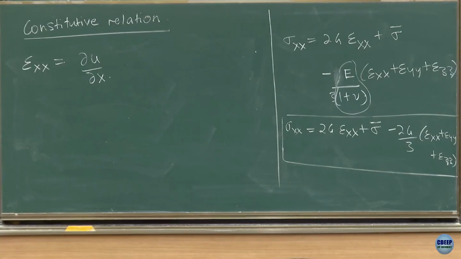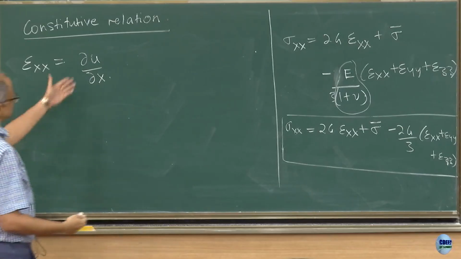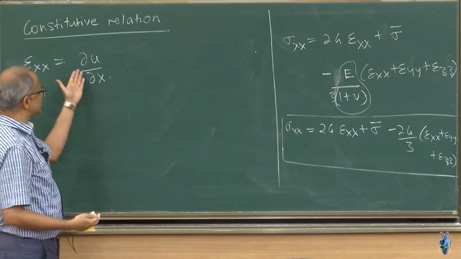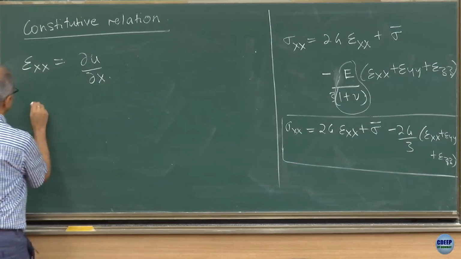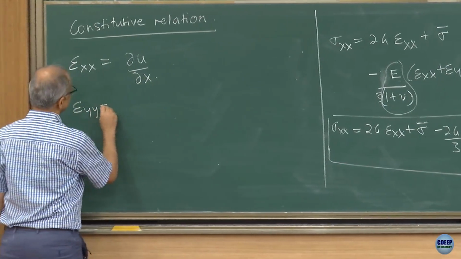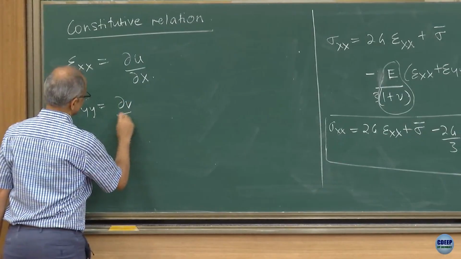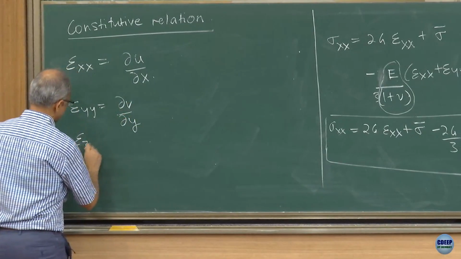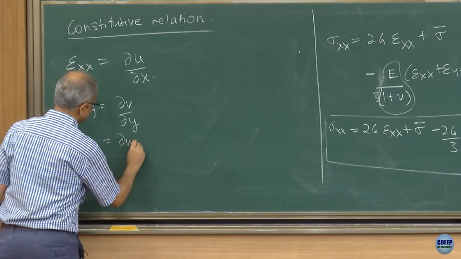It's just the rate of deformation that we are talking about here. Everything becomes a rate term. We'll come to that, but we can see that epsilon xx is nothing but this. Similarly, epsilon yy is dou v dou y, and epsilon zz is dou w dou z.